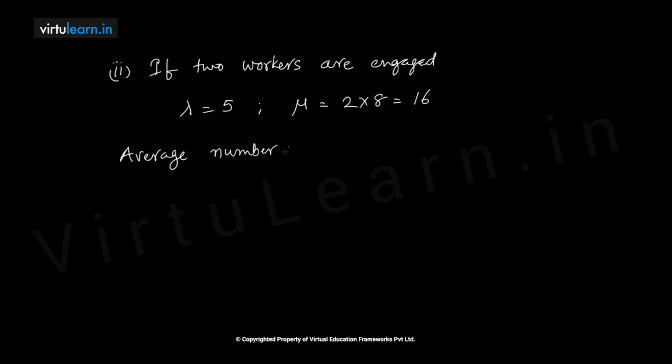So now we will find the average number of truck drivers waiting in the queue, again given by lambda square divided by mu into mu minus lambda.